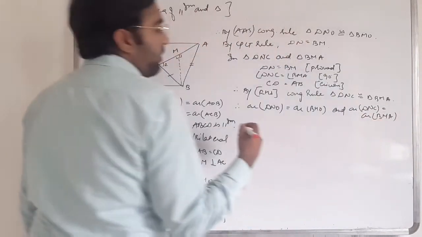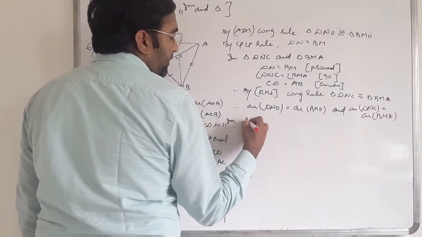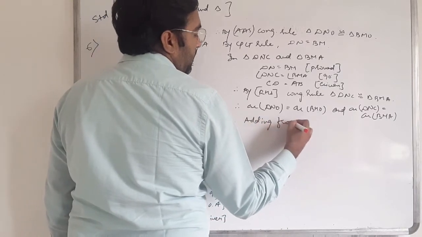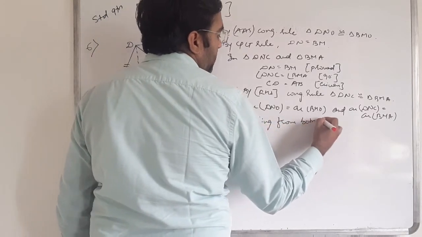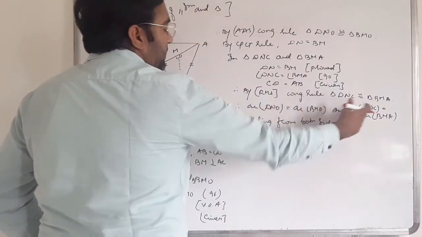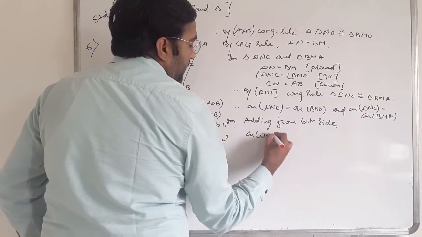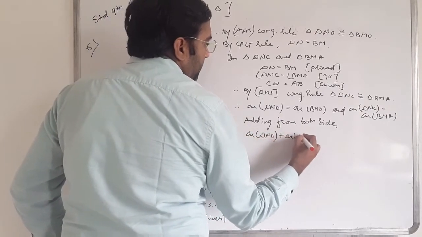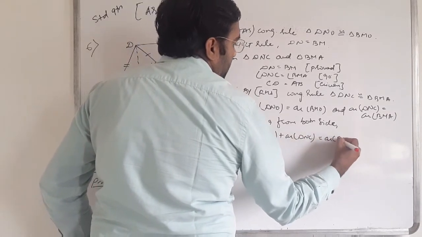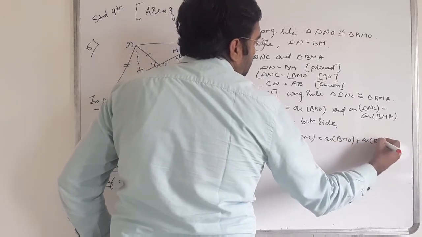Now add both of the areas from both sides. Area of DNO plus area of DNC is equal to area of BMO plus area of BMA.